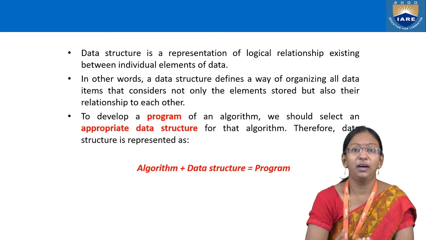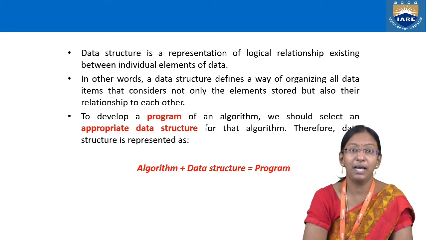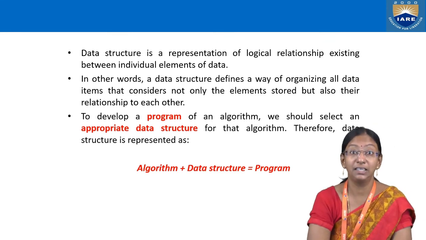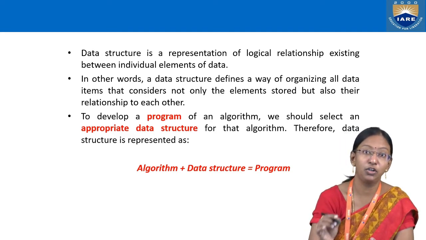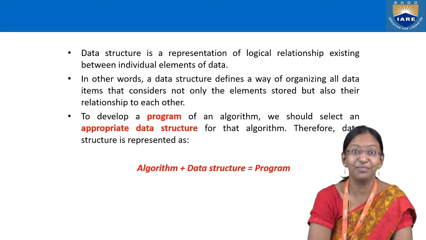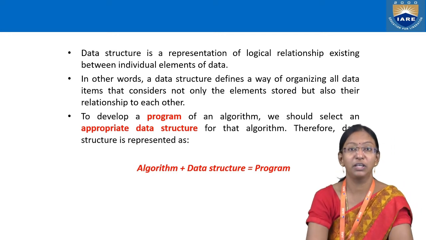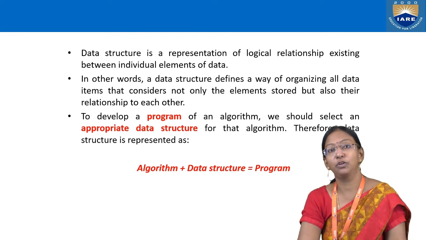Your name and your father's name will be alphabetic, your phone number will be numerical, and your email ID will be alphabetical but also contains special characters. For example, @ is a special character. If your mail ID has a dot, just like mine, even that becomes a special character. So different types of data will be there.